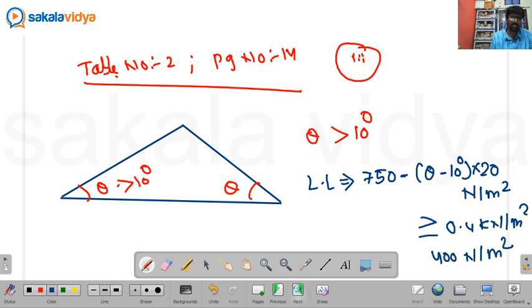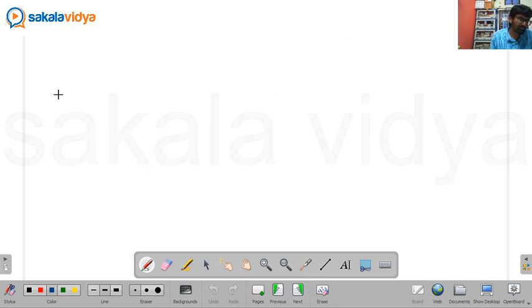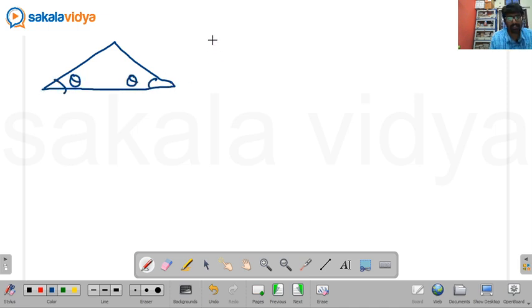Let me make you a clear picture of this. If this is our truss whose slope is greater than 10 degrees, what is the formula to calculate live load?